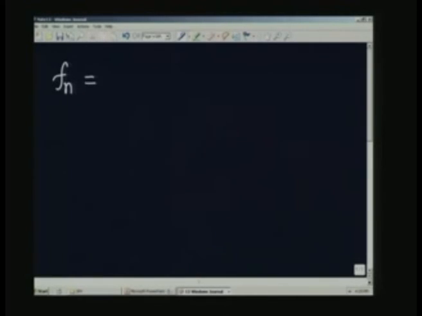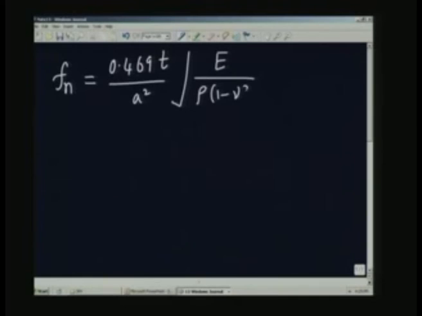All I have to do is to use the appropriate expression. This will be 0.469 T by A squared, square root of E divided by the density multiplied by 1 minus nu squared.